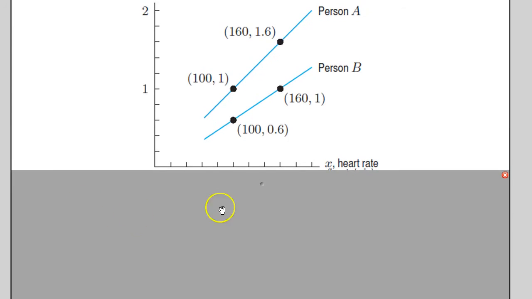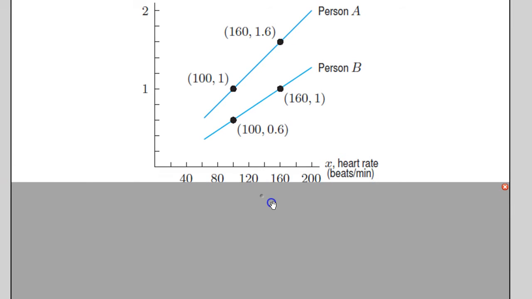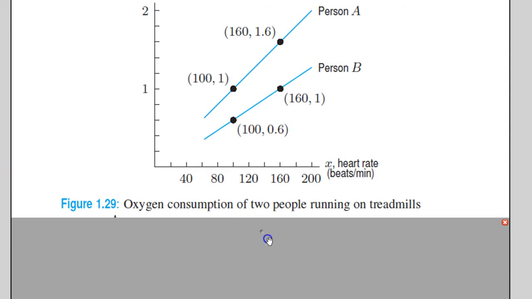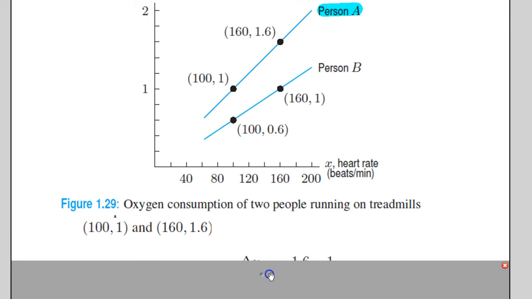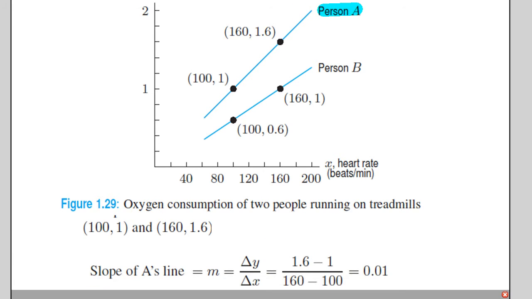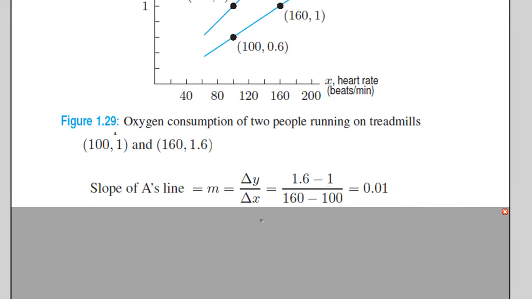We're going to use the 2 exact points that they've given us to compute this. This is an oxygen consumption versus heart rate graph, and these are the 2 points that they've given us for line A. We just do rate of change with these 2 points, and we get that the rate of change is 0.01.